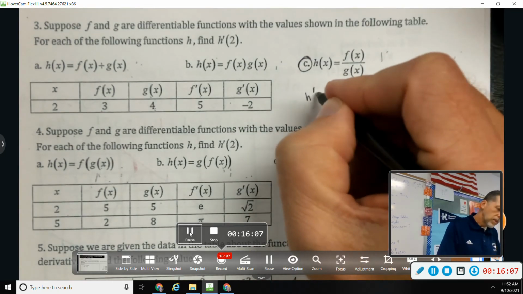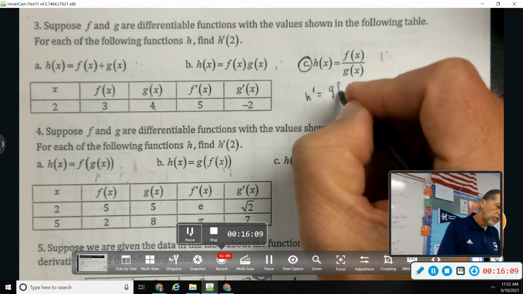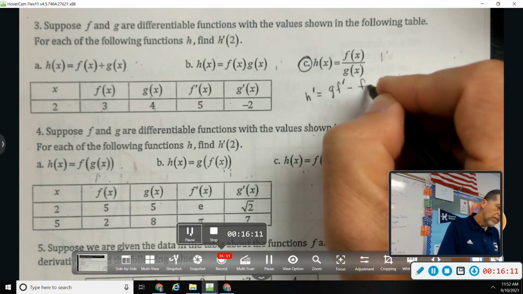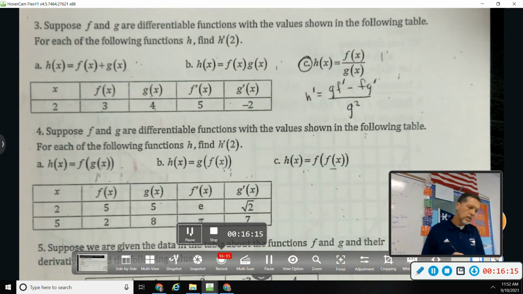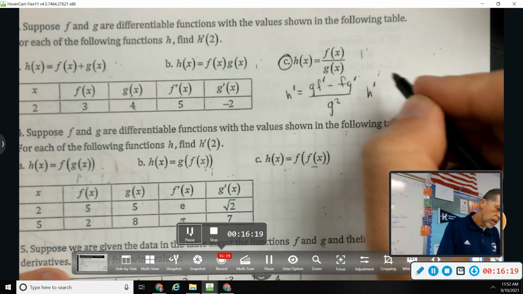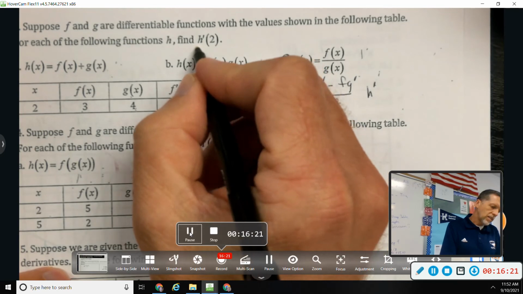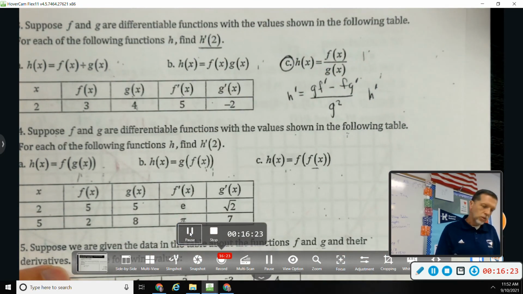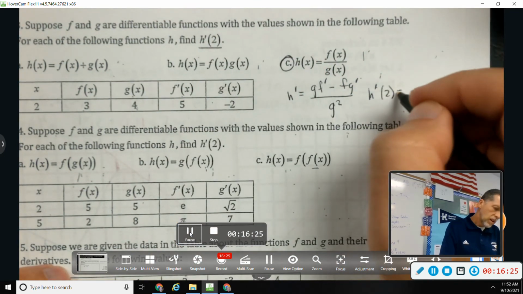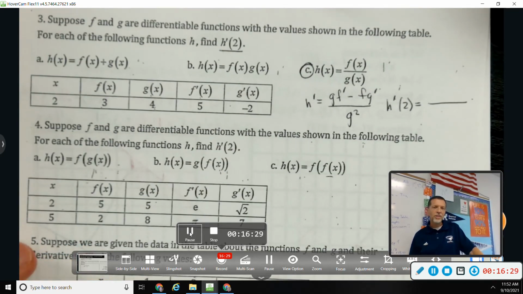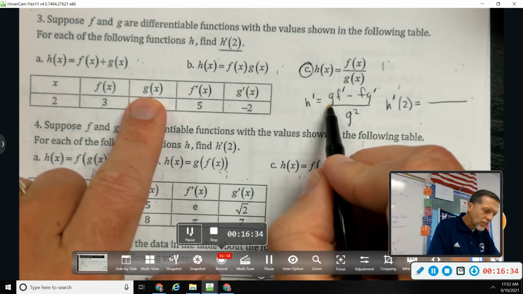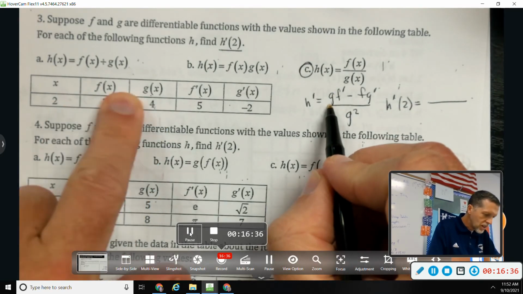So h prime is g f prime minus f g prime over g squared. And it wants us to find h prime at 2. So this is just a matter of picking off the right value, putting it in the right spot. So g at 2 is 4.